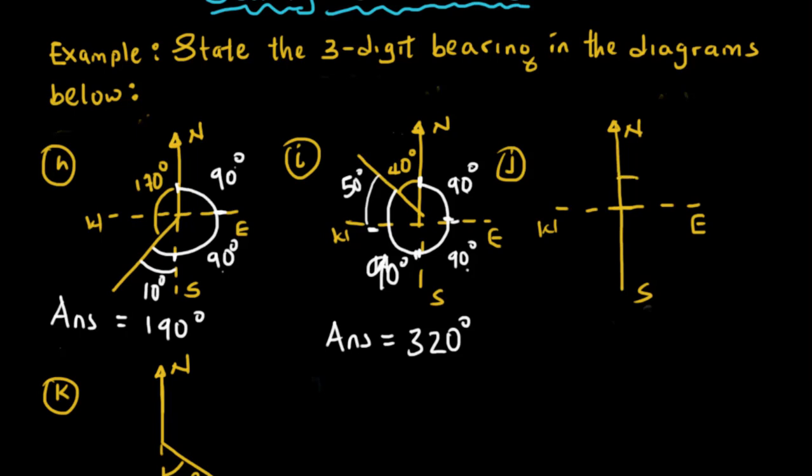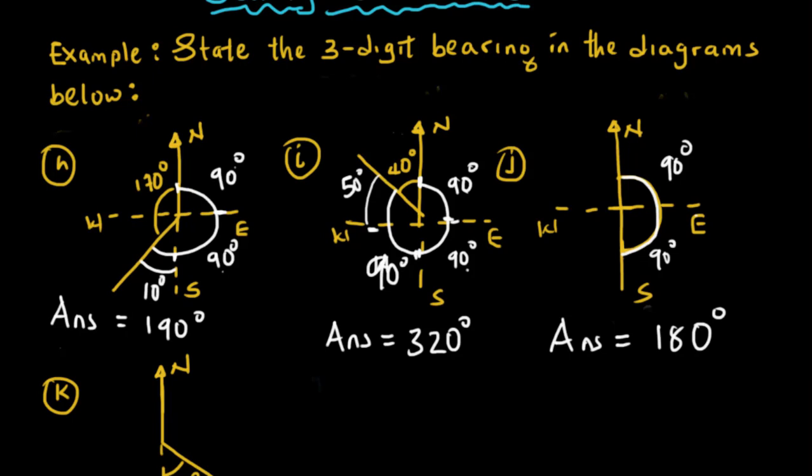So we move from the north clockwise till we get to the line we were given in the question. So we are trying to find this angle here. Does that make sense? North to east is 90 degrees. East to south is 90 degrees. So it means my answer is what? 90 plus 90, which is 180 degrees.